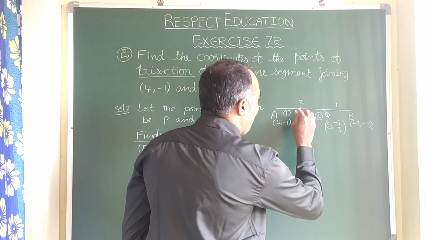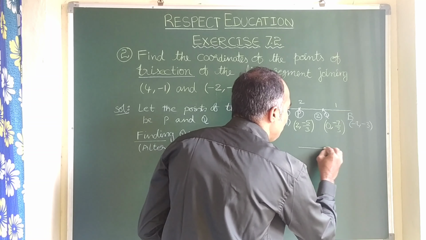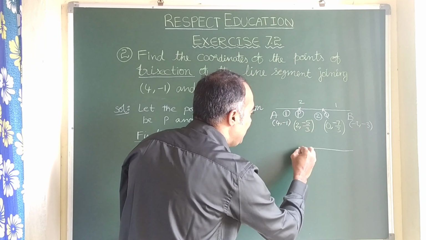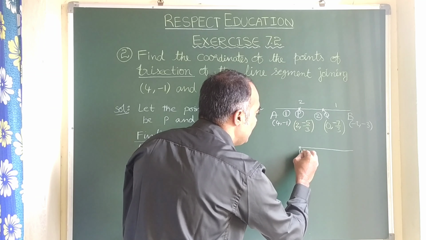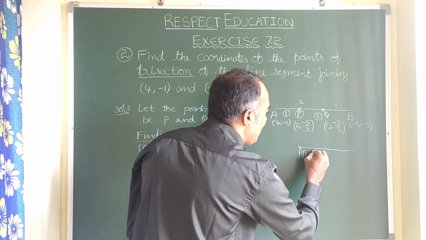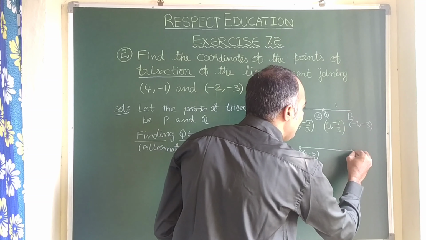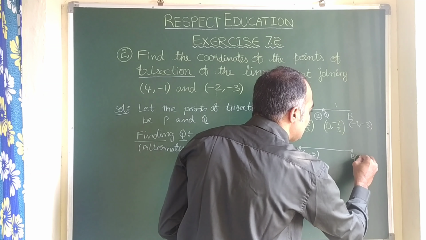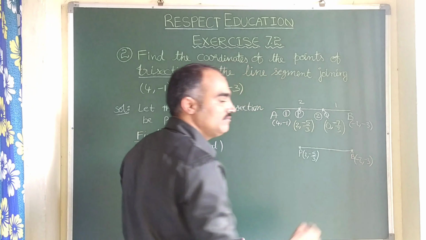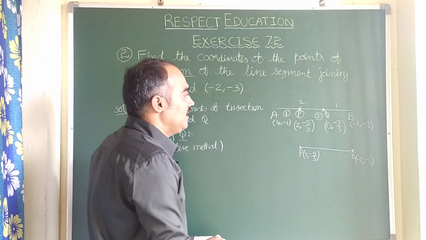Here after finding P, I am writing P here, this is the value of P, 2 comma minus 5 by 3, this is P. B is already given, that is minus 2 comma minus 3. Right?